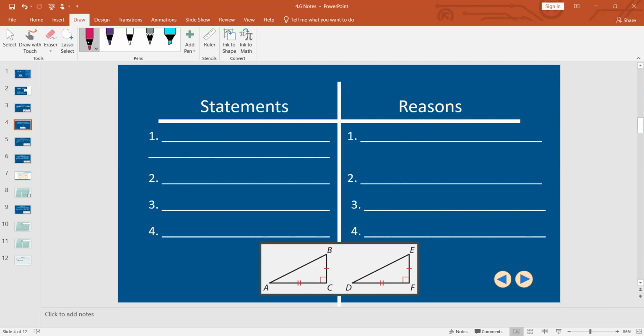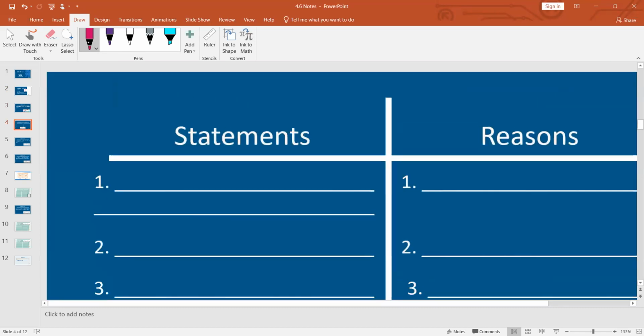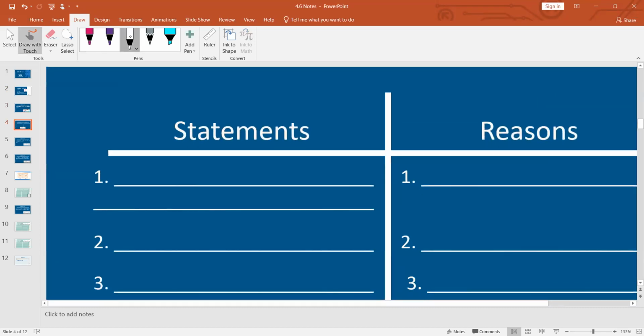In this case, y'all have extra room on your slides. I really don't. Let's see if I can zoom in here. I forgot to put this on there, so just add this to yours. The given in this case is our diagram here.